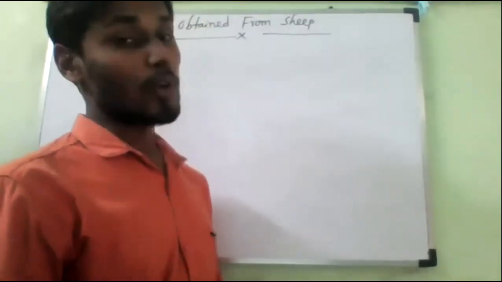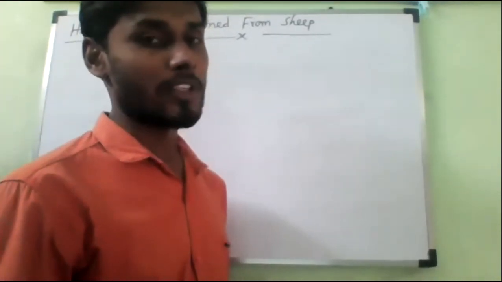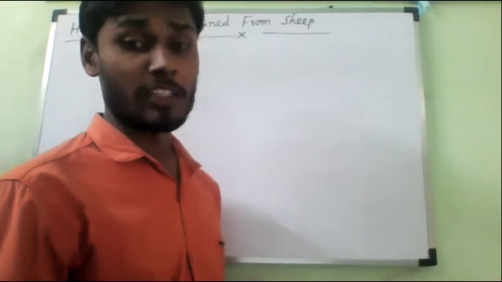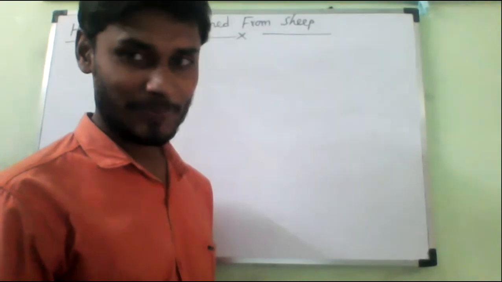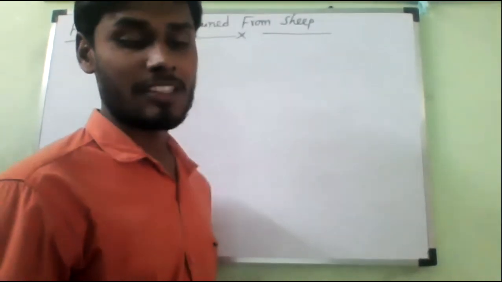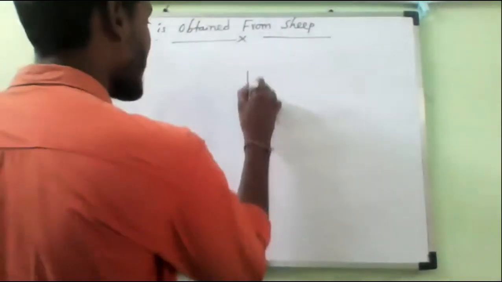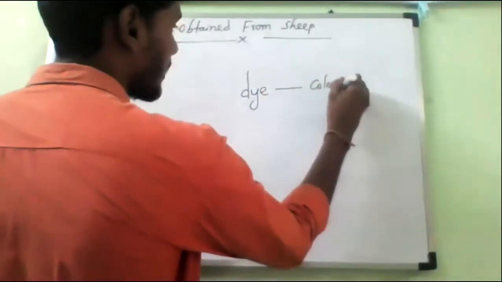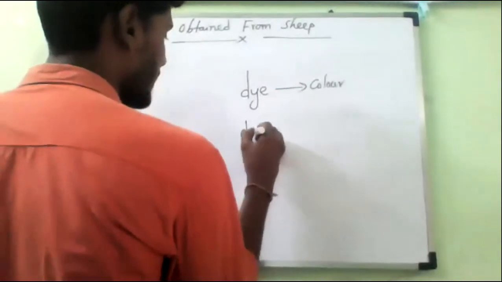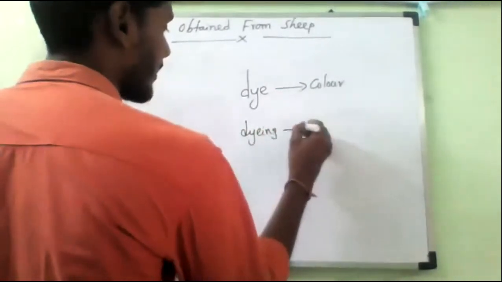But if you go to the market, the woolen fibers obtained by sorting, we used to get in different colors. Is it yes or no? Yes, sir. In chemistry, normally dye means color. What is the meaning of dye? Dye means color. So dyeing means adding the color.